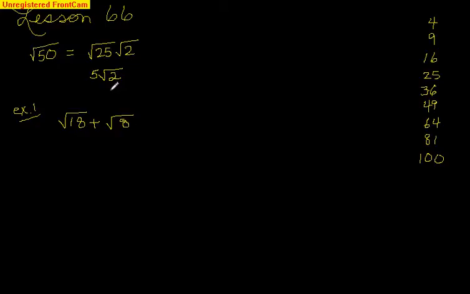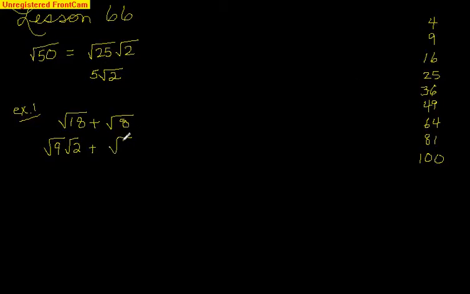Alright, let's simplify this. So we look at 18 and ask, what's the biggest perfect square that divides into 18? Biggest perfect square would be 9. 9 goes into 18 2 times, so I'm going to do the square root of 9 times the square root of 2. The biggest perfect square that divides into 8 is 4. So square root of 4 times the square root of 2.